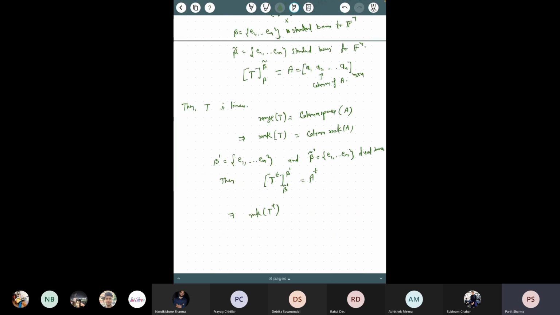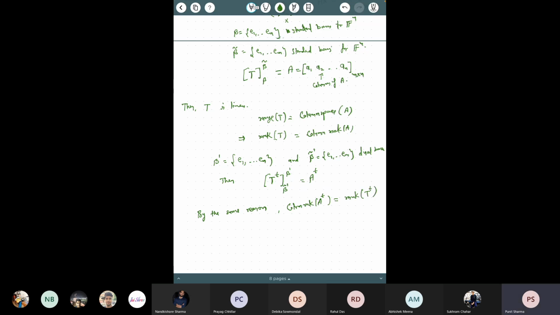So by the same reason, we can say that column rank of A transpose is the same as rank of T transpose.